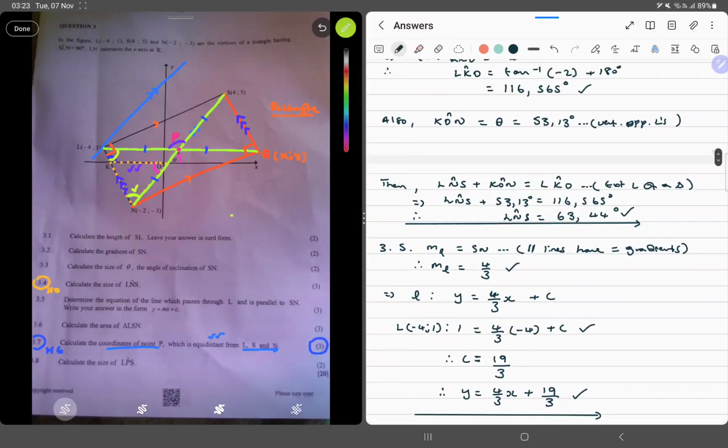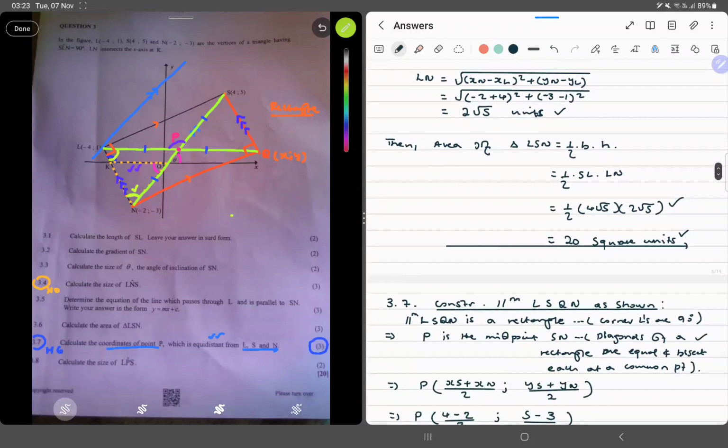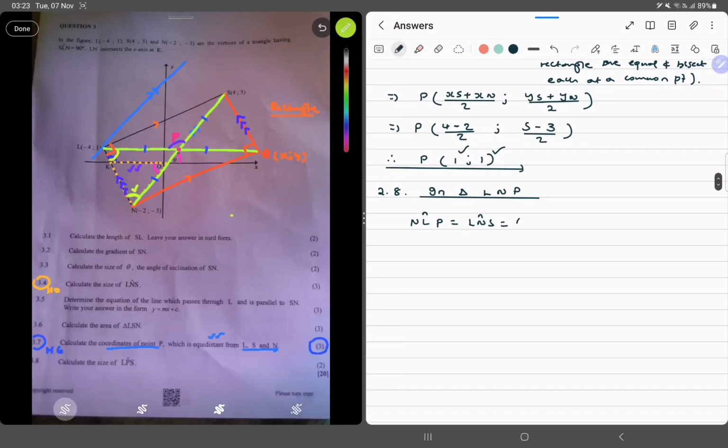We got LNS is 63,44 degrees. Okay, now what are these? These are angles opposite equal sides.